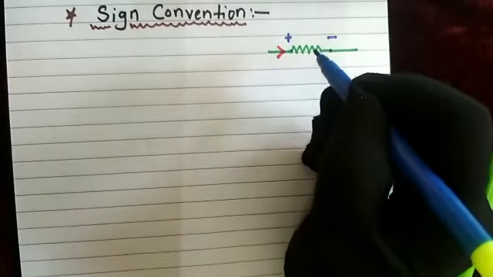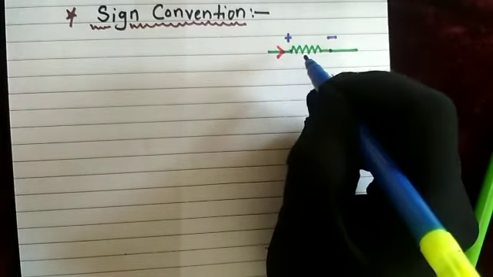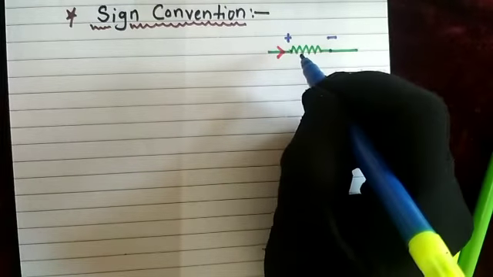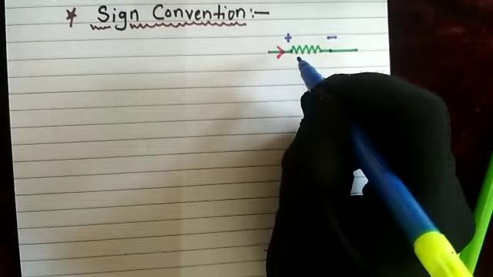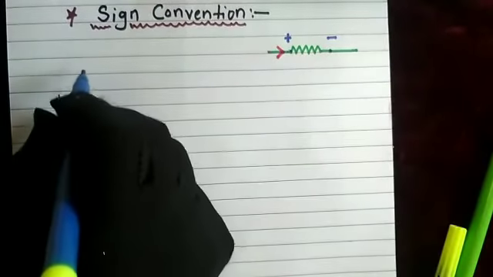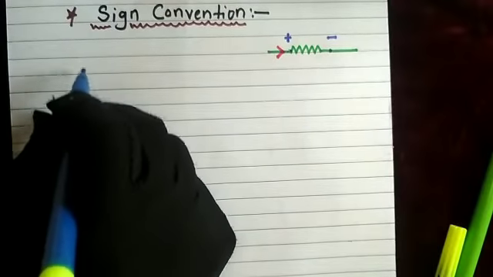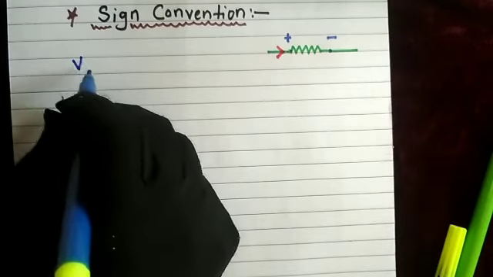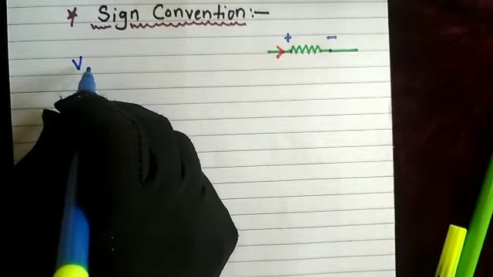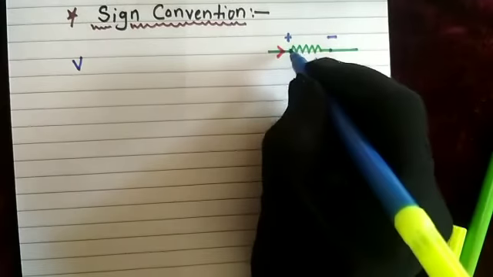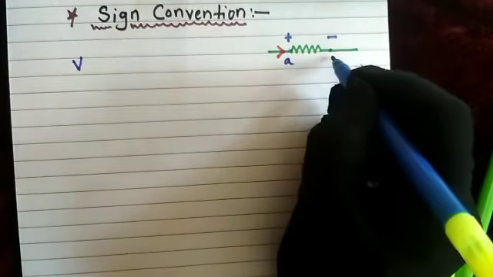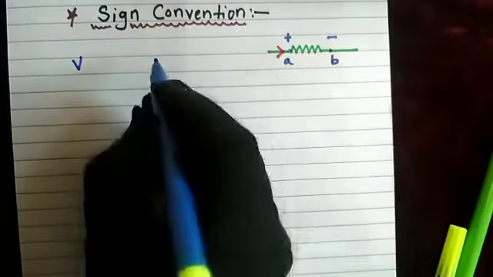If current is passing through a resistance, automatically a potential difference will be generated across it, because Ohm's law says that V is equal to IR. Potential difference we have already studied in 11th standard. Let's consider this terminal as A and this terminal of the resistor as B.